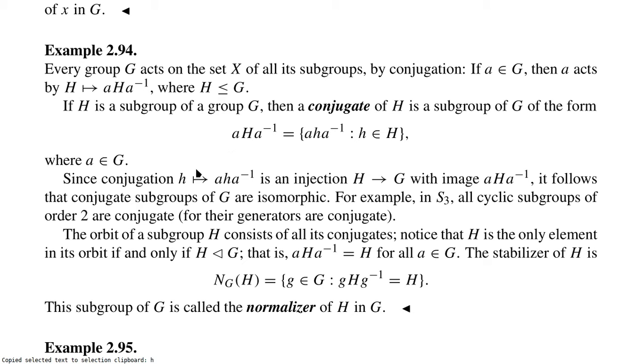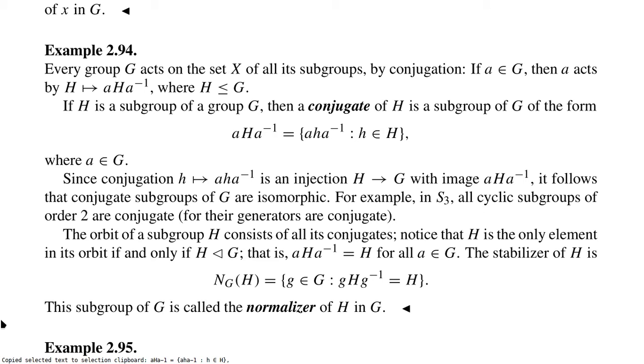And this conjugation mapping is an injection, right? And the image is that entire set itself. So conjugate subgroups are going to be isomorphic to each other. That makes sense.